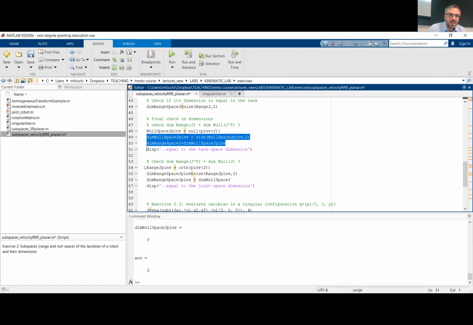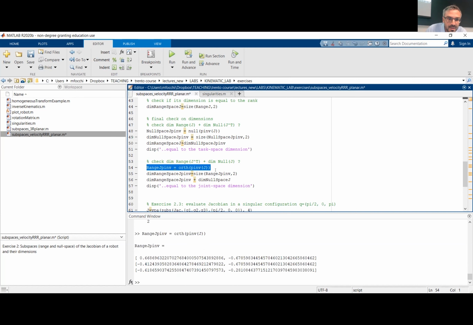In the circular case, instead we have the range space of the pseudo inverse of J, which is 2-dimensional.